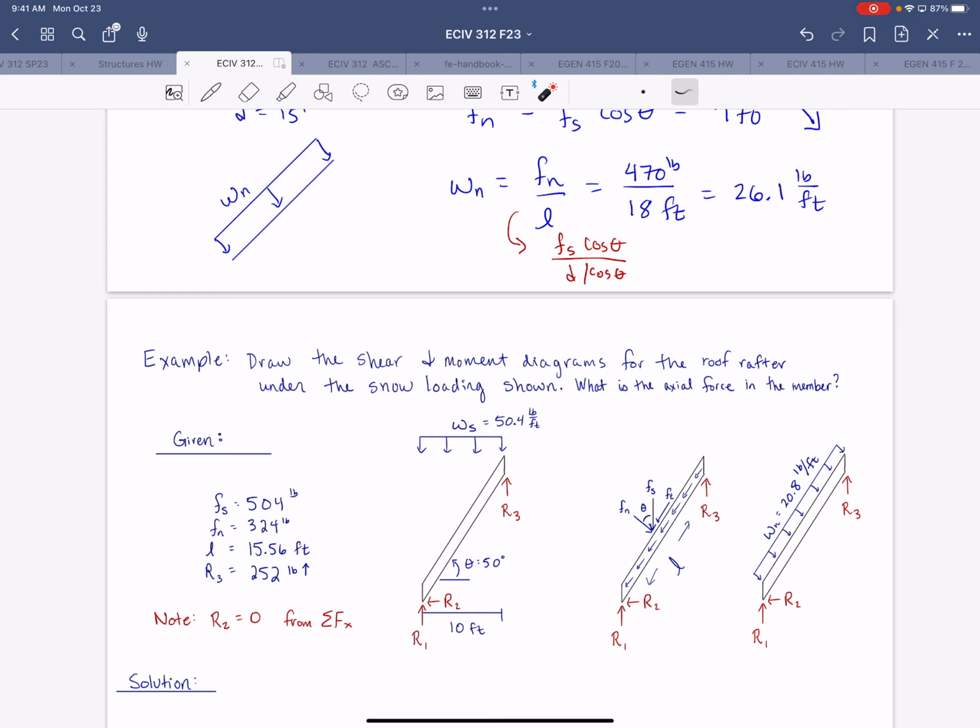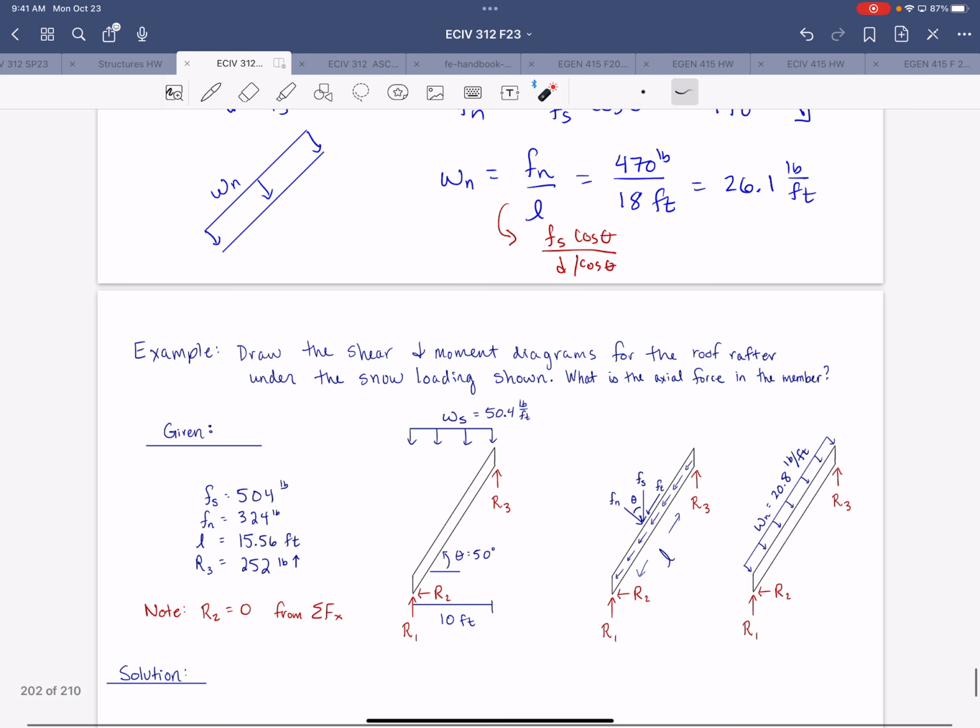Because the tangential component of the snow load is distributed, similar to the normal component, you're going to end up with an element that is in compression down at the lower end and in tension near the top. So your axial force internally on this element at both ends will be the same magnitude, but it's going to be compression down here and tension up here, okay?